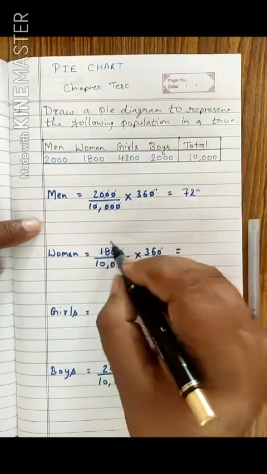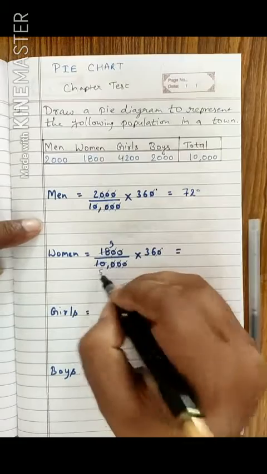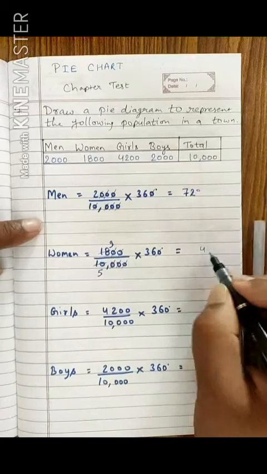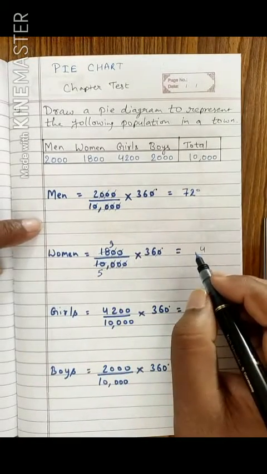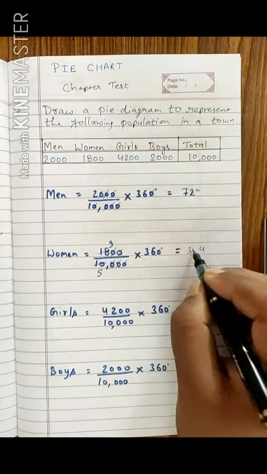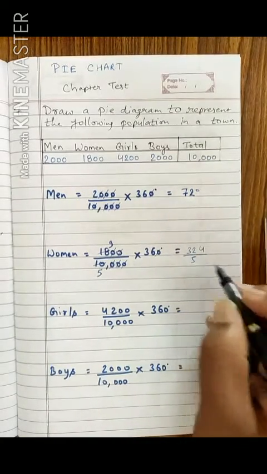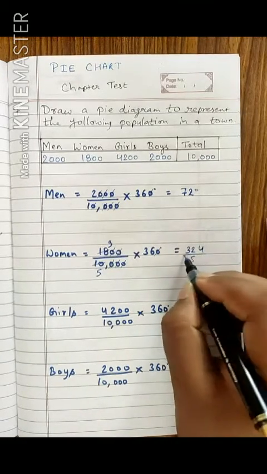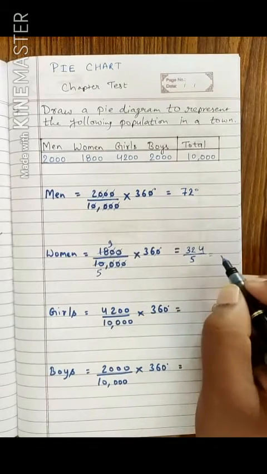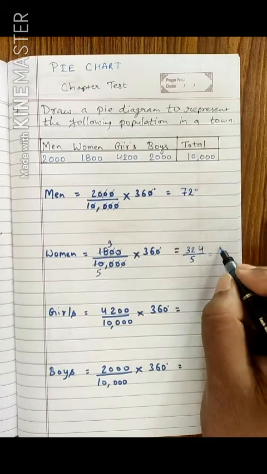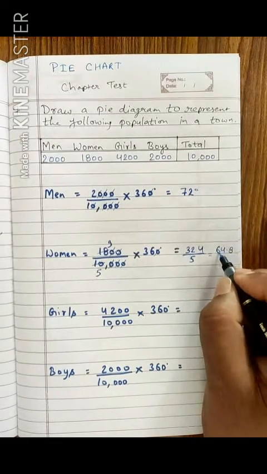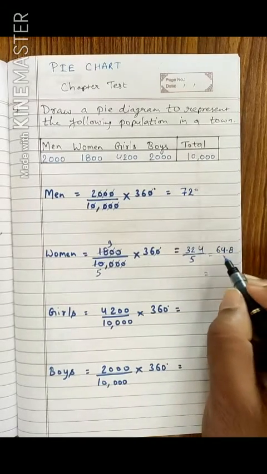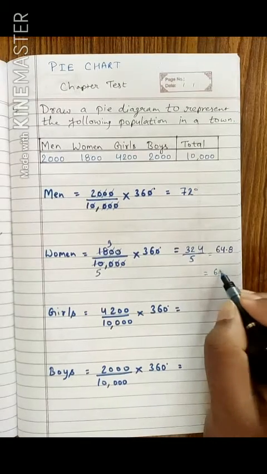So 2 nines is 18 and 2 fives is 10. 9 6s are 54, 9 3s are 27, plus 5 is 32, 324 divided by 5 gives you 64.8. The rounded value of 64.8 is 65 degrees.